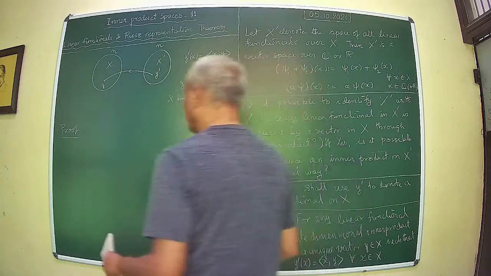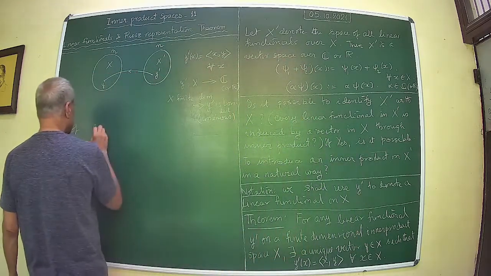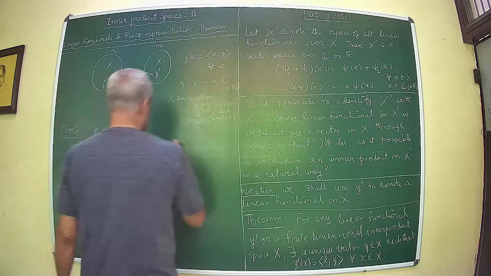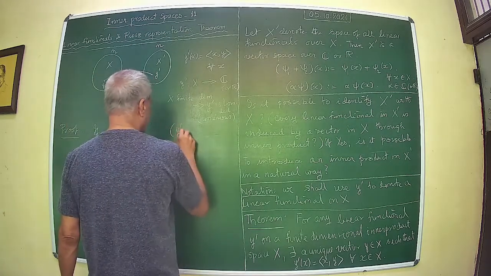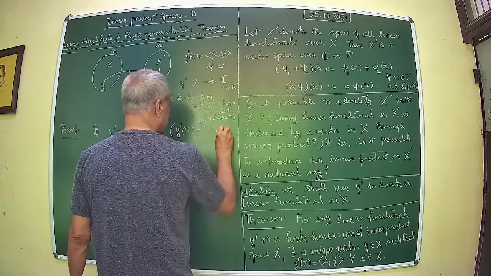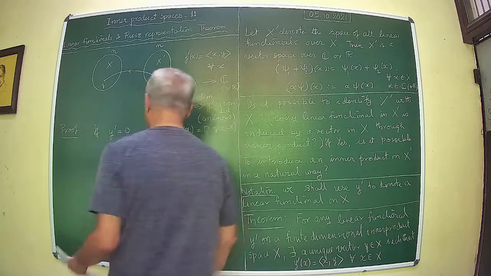So if y prime equals 0, what does it mean? Y prime of x equals 0 for every x. This is the meaning of that.